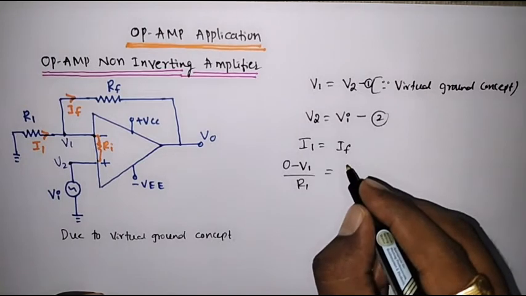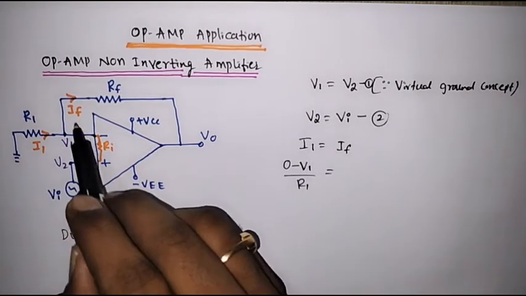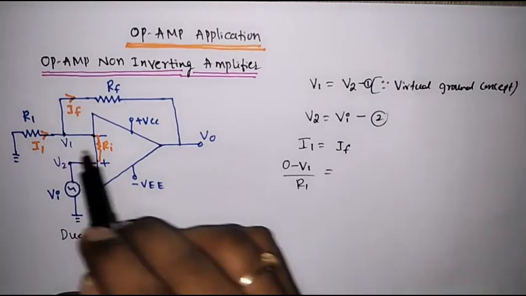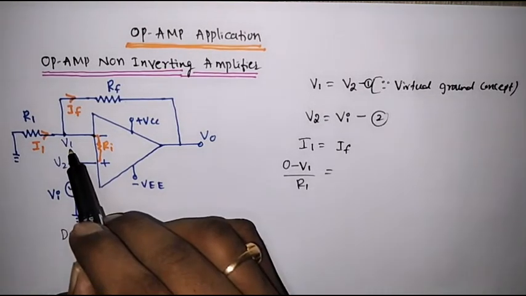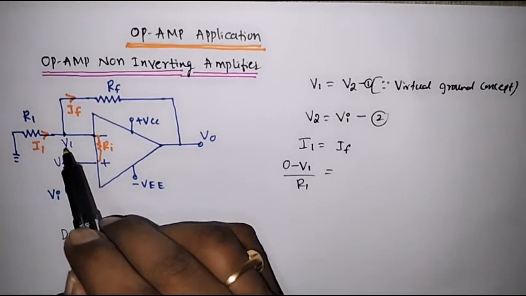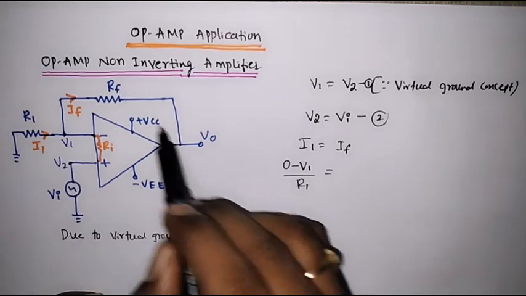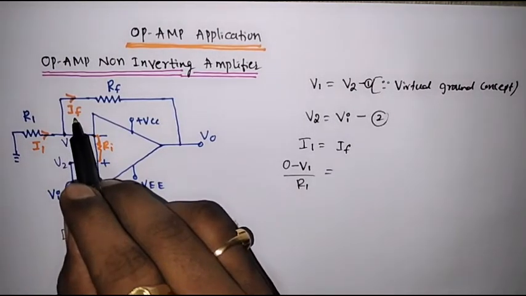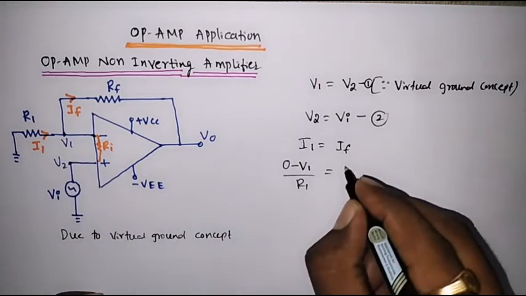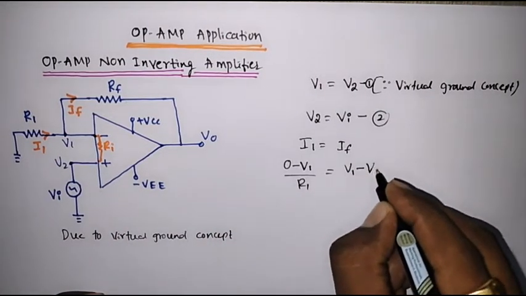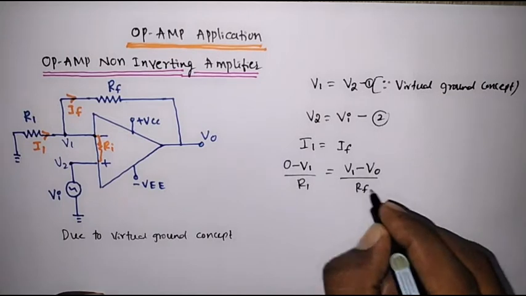We know that current is equal to voltage by resistor. Here the current is moving between two voltages, so we are supposed to consider the potential difference between these two voltages divided by resistor. The starting point of the current is V1, so we write it as V1 minus VO divided by RF.